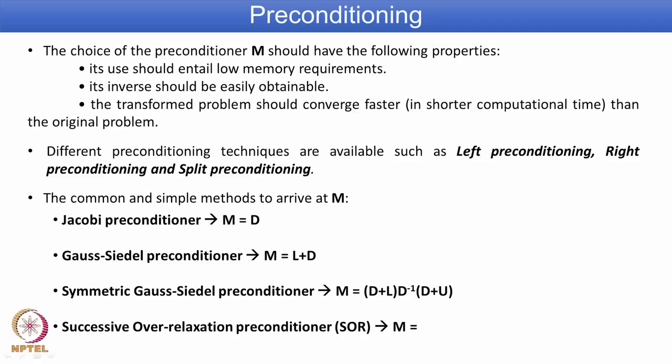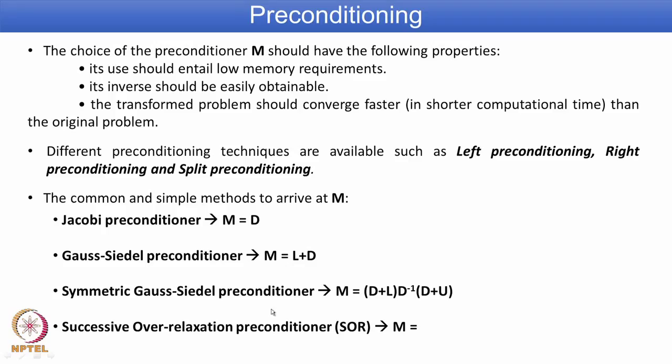So, M is a symbol we are using to identify the preconditioner. So, it is possible to use the diagonal elements of the original coefficient matrix as a preconditioner, and such a method is called Jacobi preconditioning.